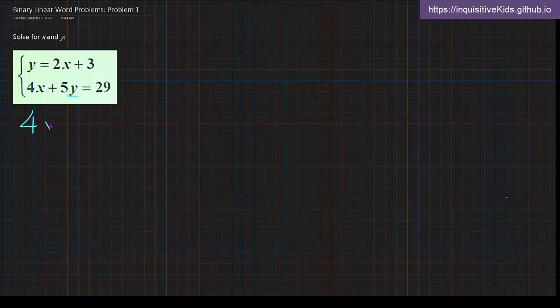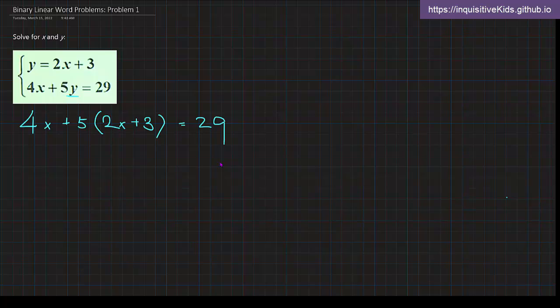So let's rewrite this and substitute this equation into y. So 4x plus 5 times y, and we know y equals 2x plus 3. So 4x plus 5 times (2x plus 3) equals 29.